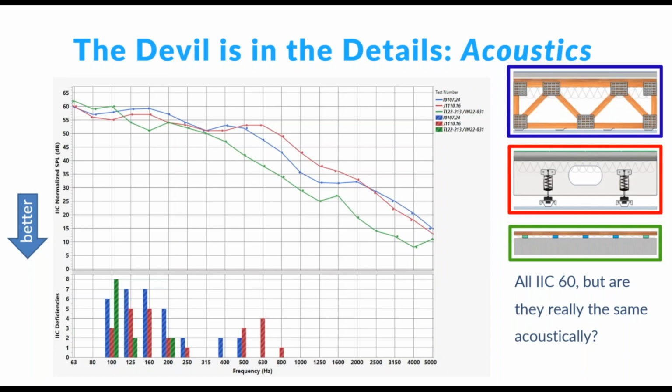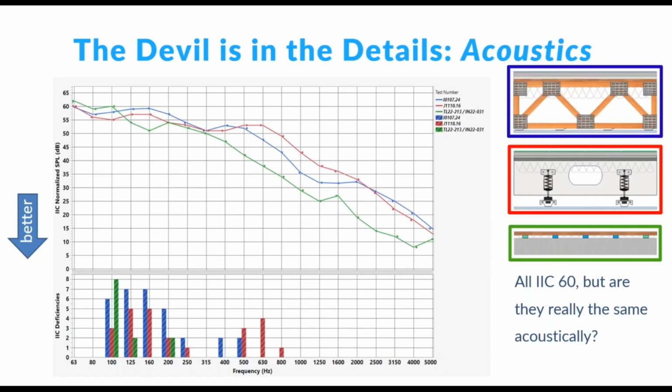So you can see that there's still some variation, right? Like at low frequencies, the green, the concrete slab, the heaviest assembly again, actually did the worst at low frequencies. Now, not huge differences, and it did the best at high frequencies. Whereas the red did the best at low frequencies, has the lowest numbers, but at mid frequencies, it's the highest.